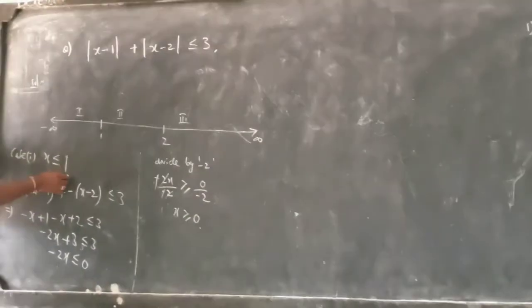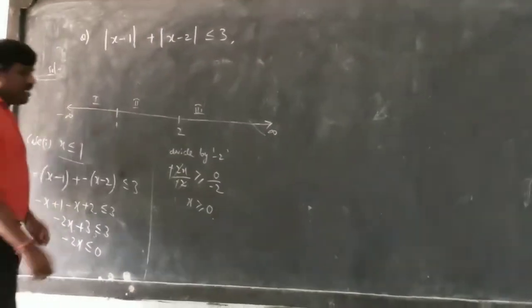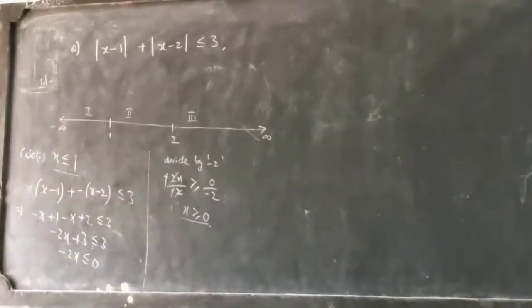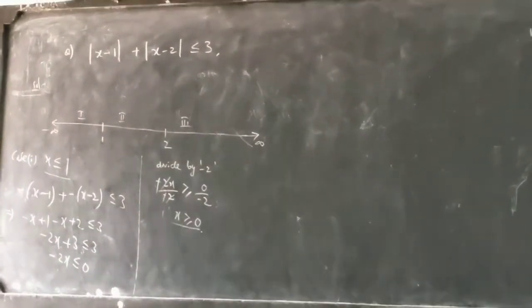What you got here: in this case, x less than or equal to 1, and here x greater than or equal to 0. Combinedly, what will be the answer?